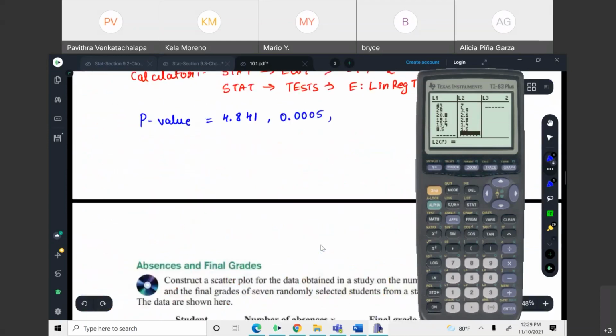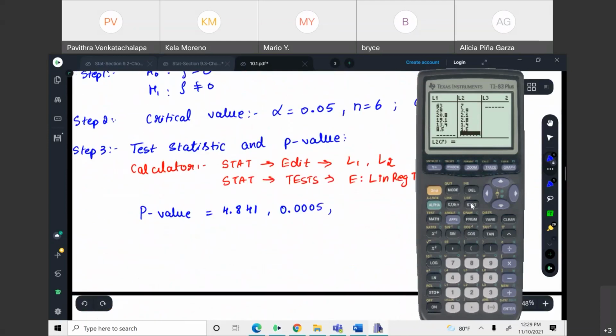Okay. And then I go back to Stat, Test, and then I just scroll down and find LinRegTTest, and then enter. So L1 is there, L2 frequency is always 1, then we have not equal to 0 and equal to 0. So that's also correct. You don't have to enter anything and calculate.